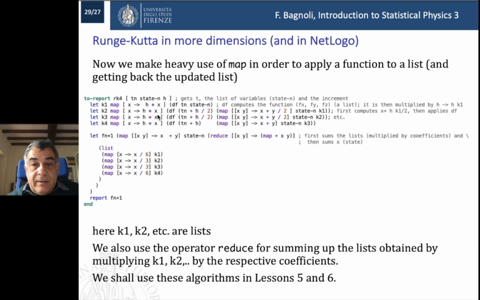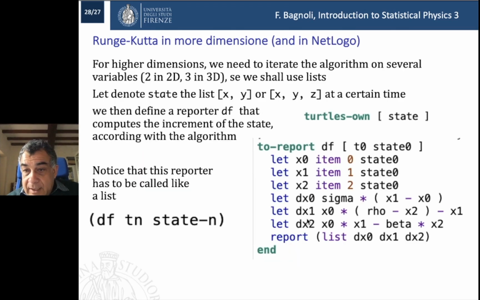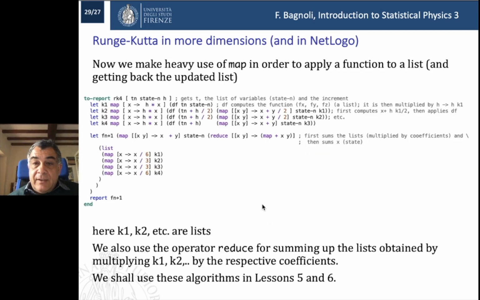So in NetLogo, this df tn state n is what I get here in order to compute the derivative at time tn at point state n. State n is the list x, y, z of the coordinates of the particle.